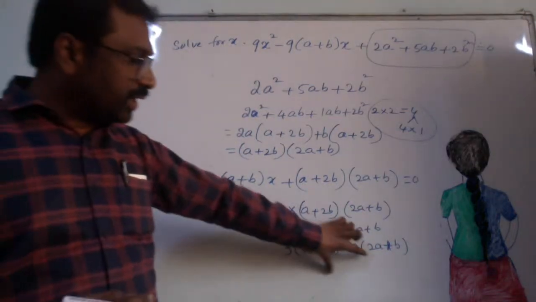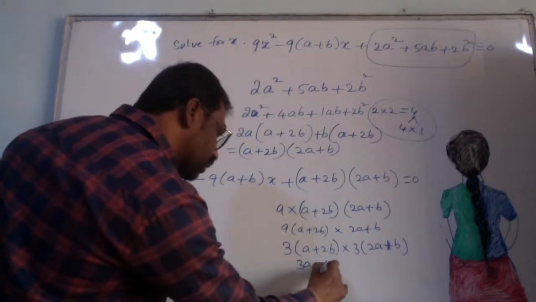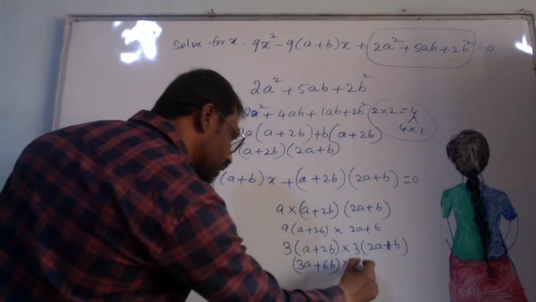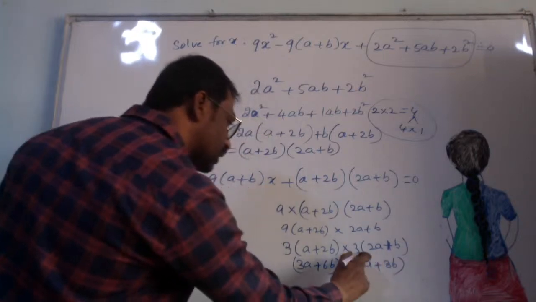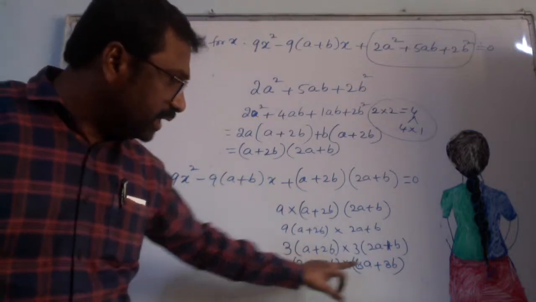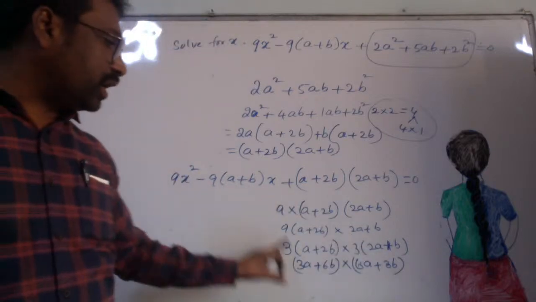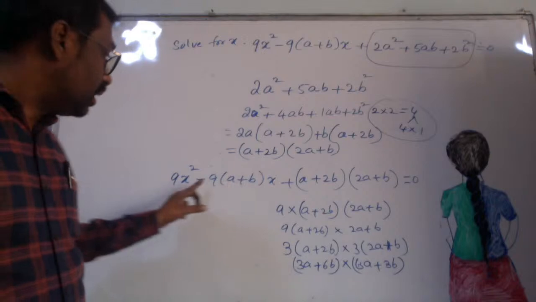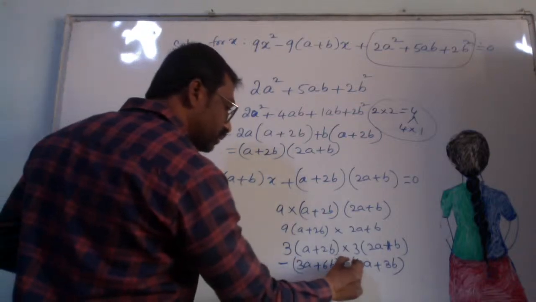Suppose these two are the factors: (3a plus 6b) times (6a plus 3b). Now take their sum. 3a plus 6a is 9a, 6b plus 3b is 9b, so you are getting 9a plus 9b. But it is a negative sign, so both factors are negative.